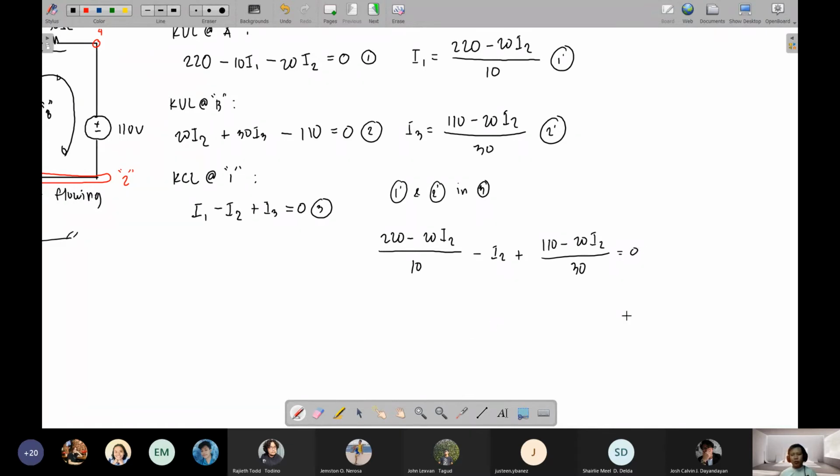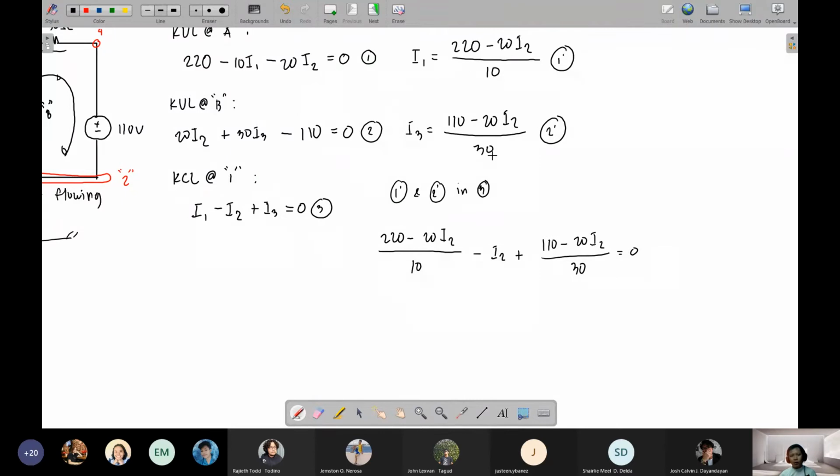So for this one, you only have one unknown. Okay, if you only have one unknown, I will allow you to solve it directly with the calculator, shift solve. But for 3 equations, 3 unknowns, I do not allow you to solve it directly with the calculator, even though the calculator can solve 3 equations, 3 unknowns. Okay?